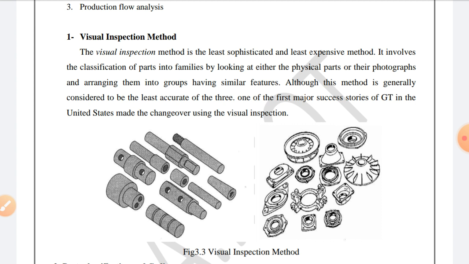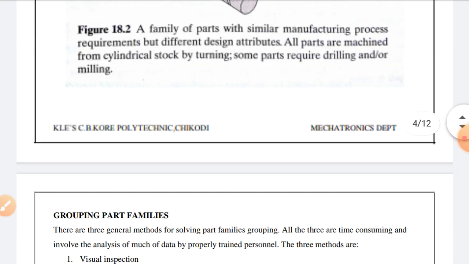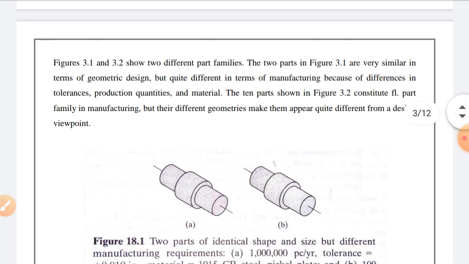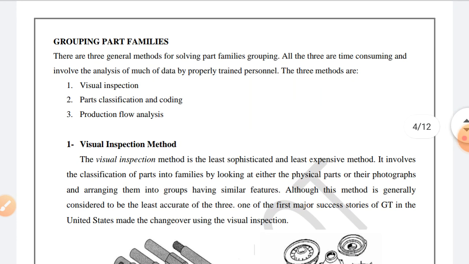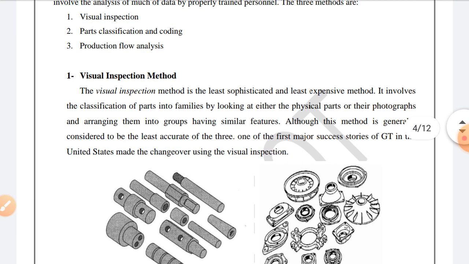Although this method is generally considered the least accurate of the three. Why least accurate? In the previous example, by seeing that figure you identify the parts as similar, but quantity-wise, production-wise, and tolerance-wise they are different. Likewise in visual inspection you group the components on the basis of dimension.